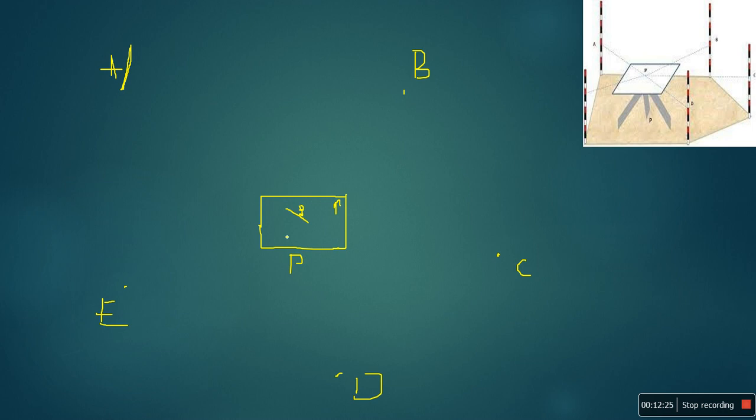Then measure that and convert that field data into our map scale. Then you have to mark that distance from this P along the line, and note down the marking with respect to distance. You have to mark it with a small letter a.